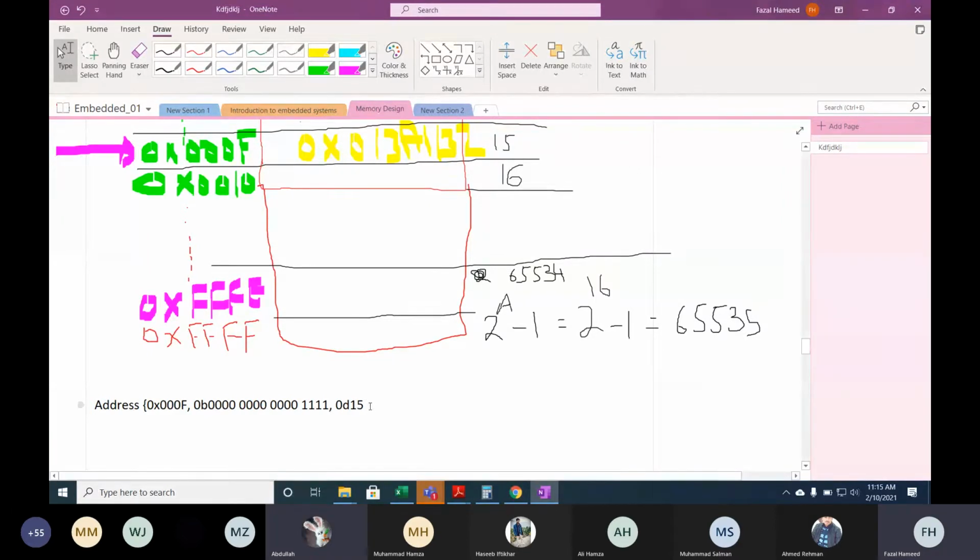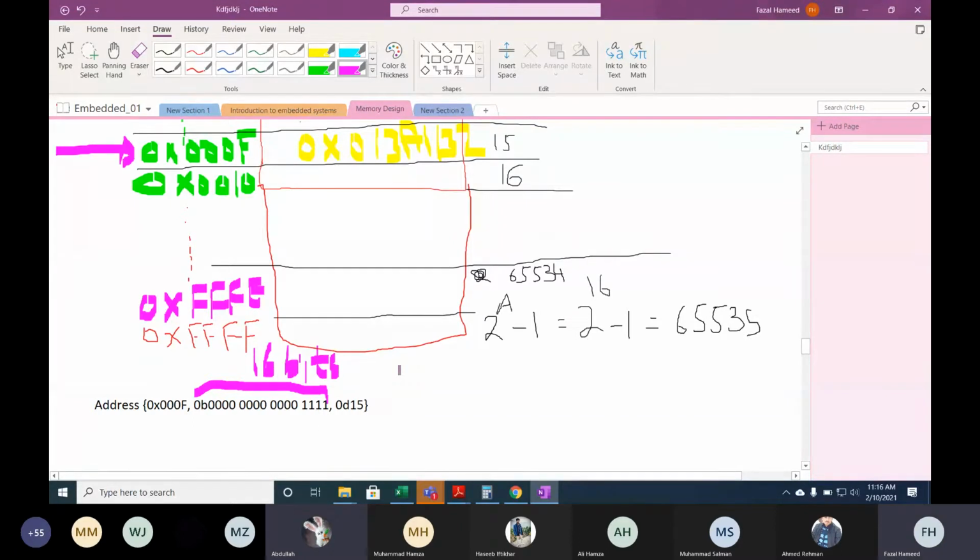Now if you look at this, the address 0x000F is an address with 16 bits. How many bits are there? 16 bits. Why is it 16 bits? Because the address line is 16 bits.